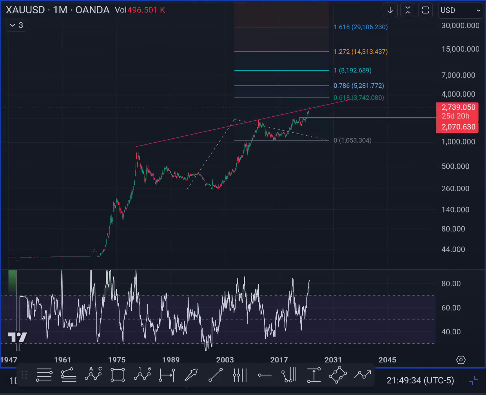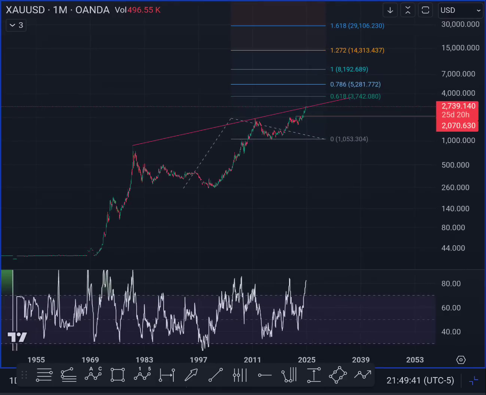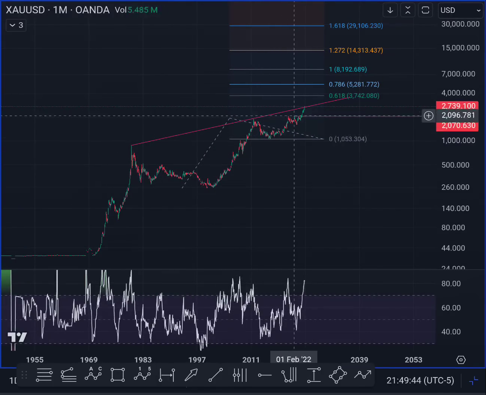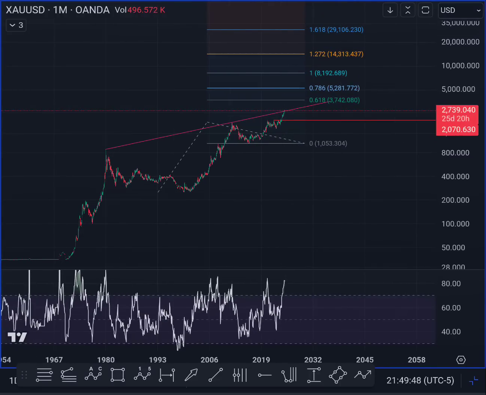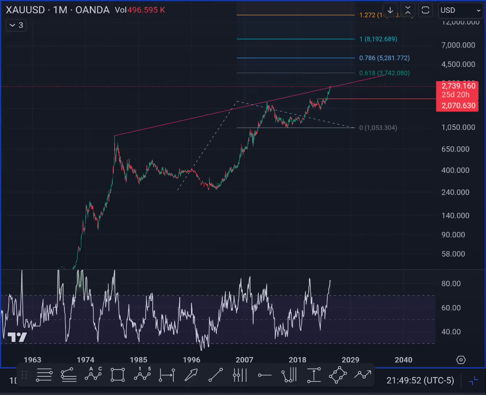Yeah, 8,000 to 14,000, just matching these legs. That would be crazy. And then maybe it enters this type of consolidation pattern again. ABC consolidation pattern again up there, as the financial world accepted gold as money.